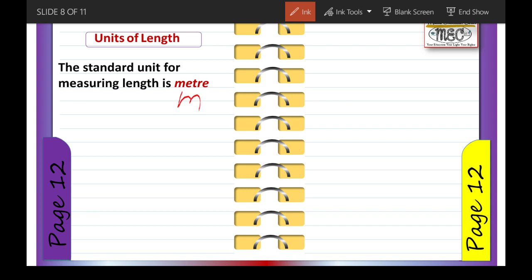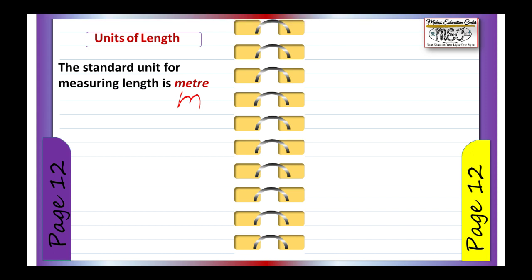Here we have the letter m. And remember that they are always written with a small letter, not capital letters. When we write capital letters, we mean something else. So here we write them using small letters. Now, when we use prefixes, we can have other units of length.